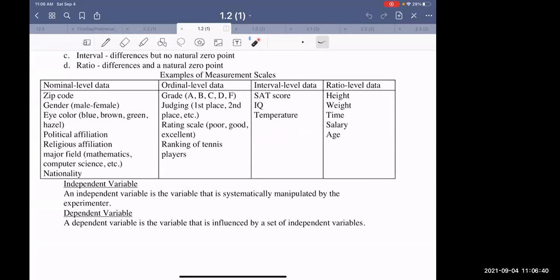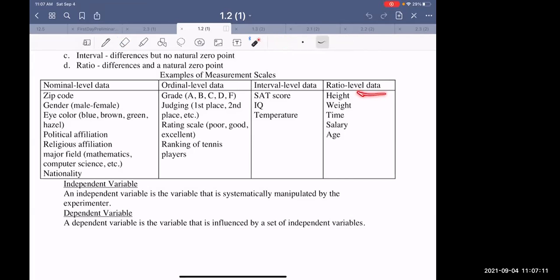Temperature in Celsius or in Fahrenheit is also interval. You can tell differences. 75 degrees is 25 degrees less than 100 degrees Fahrenheit. But 0 degrees again doesn't make any sense. It does not mean that you have no temperature.